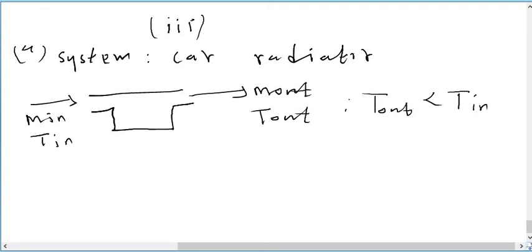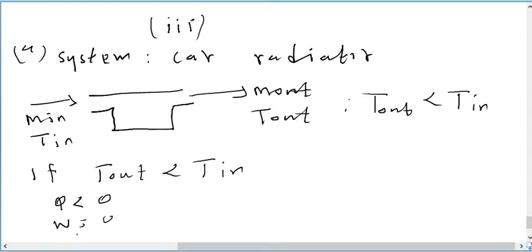That is common sense. Therefore we have two conditions. If T out is less than the T in, then Q is less than 0, work is 0, and dE will be less than 0.